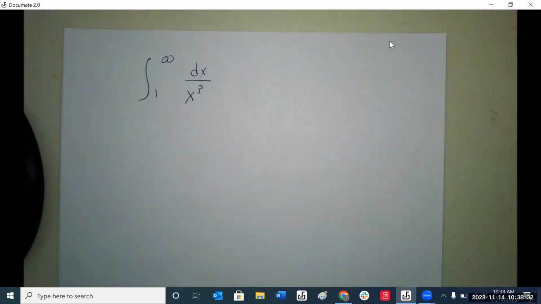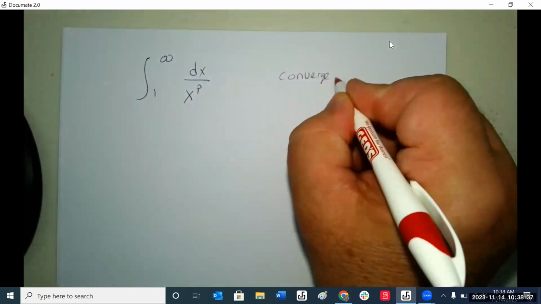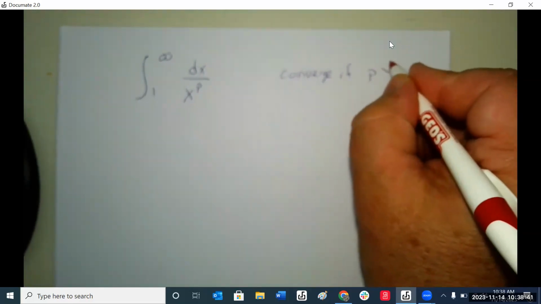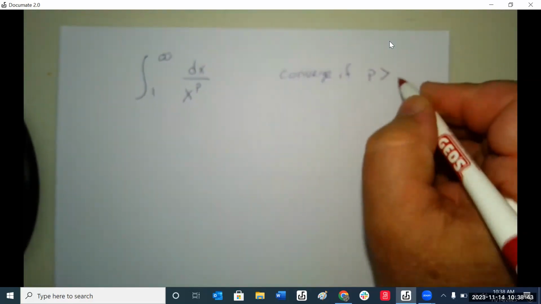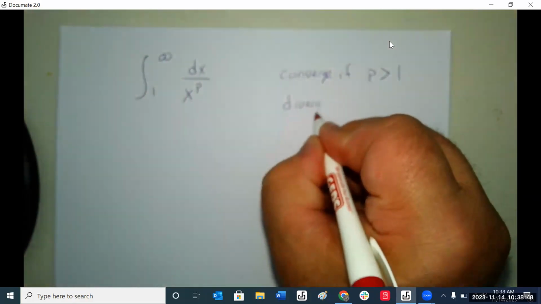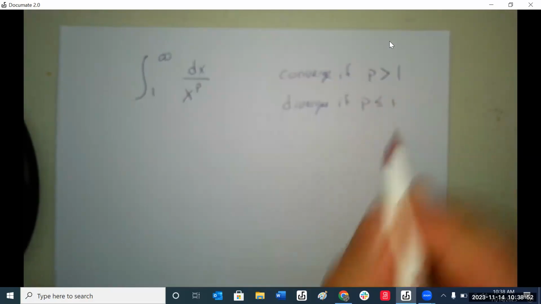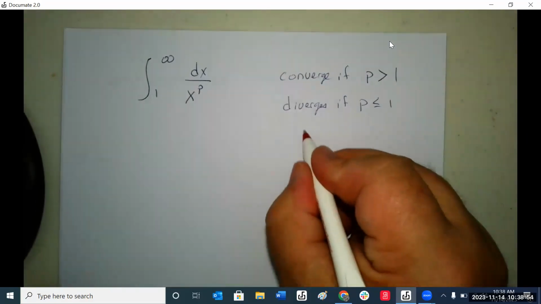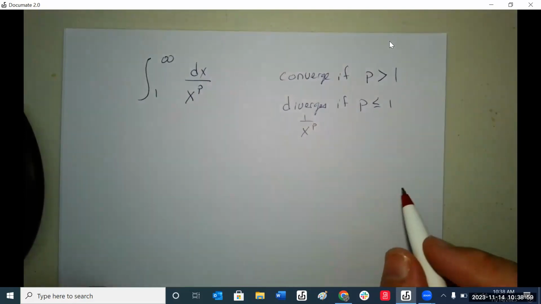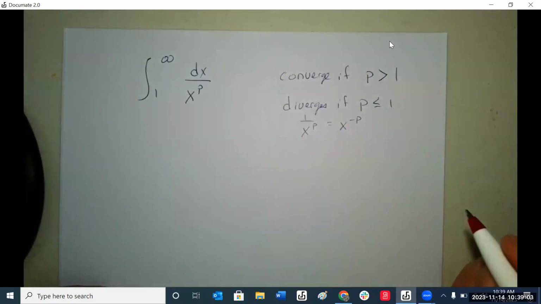Let's look at that two ways. Converges if p is greater than 1, and diverges if p is less than or equal to 1. We're looking at the function 1 over x to the p, or x to the negative p.